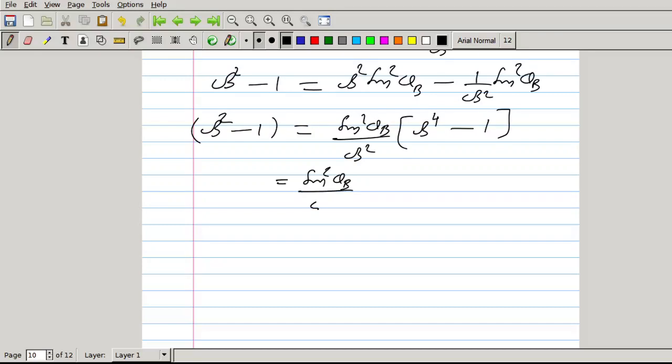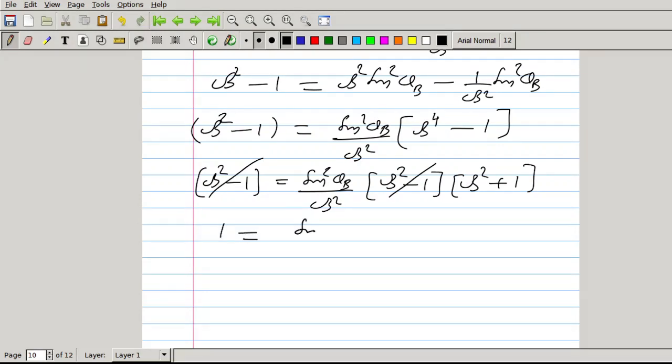or we can write this as sine square theta b by beta square into, this is beta square minus 1 into beta square plus 1, that will be beta raised to 4 minus 1. Left hand side we are having beta square minus 1, so this term and this one will get cancelled. From that, 1 equal to sine square theta b by beta square into beta square plus 1.